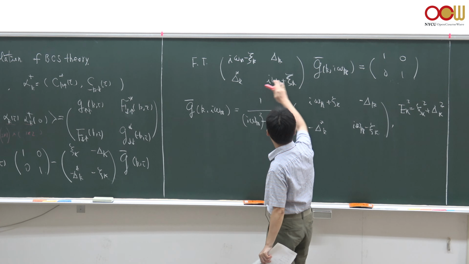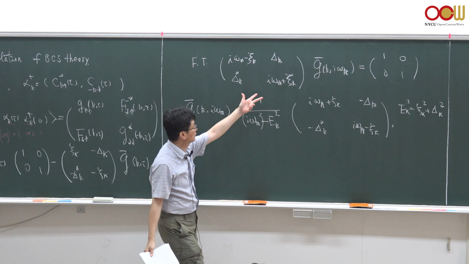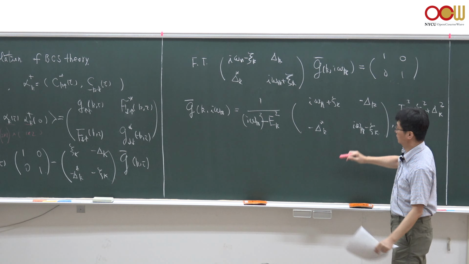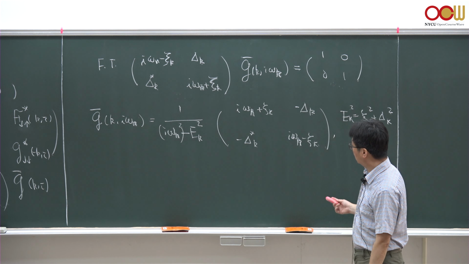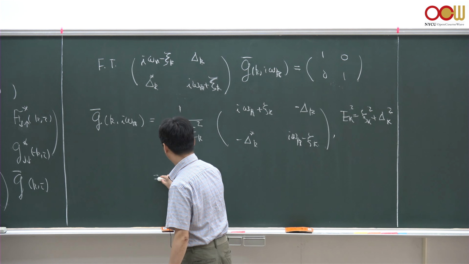Again, G bar in the Fourier space is again a 2x2 matrix. On the right-hand side is a unit matrix. So this equation can be solved pretty easily. So the solution for G bar is this one. You simply invert that matrix, you get this matrix. Remember, this is precisely the same form that we described earlier.